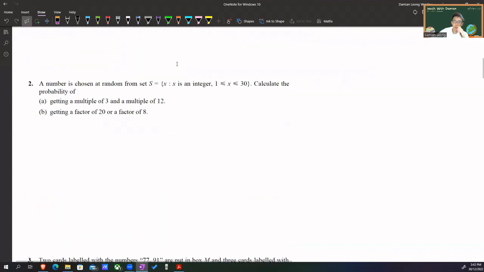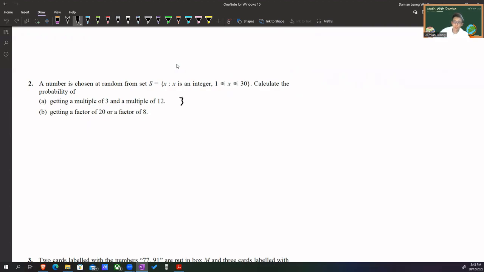Then the second question here. A number is chosen at random from the set S, x where x is an integer, x more or equals 1, less or equals 30. Calculate the probability of first one getting the multiple of 3 and multiple of 12. So let's list out what are your multiples of 3 and what are your multiples of 12.